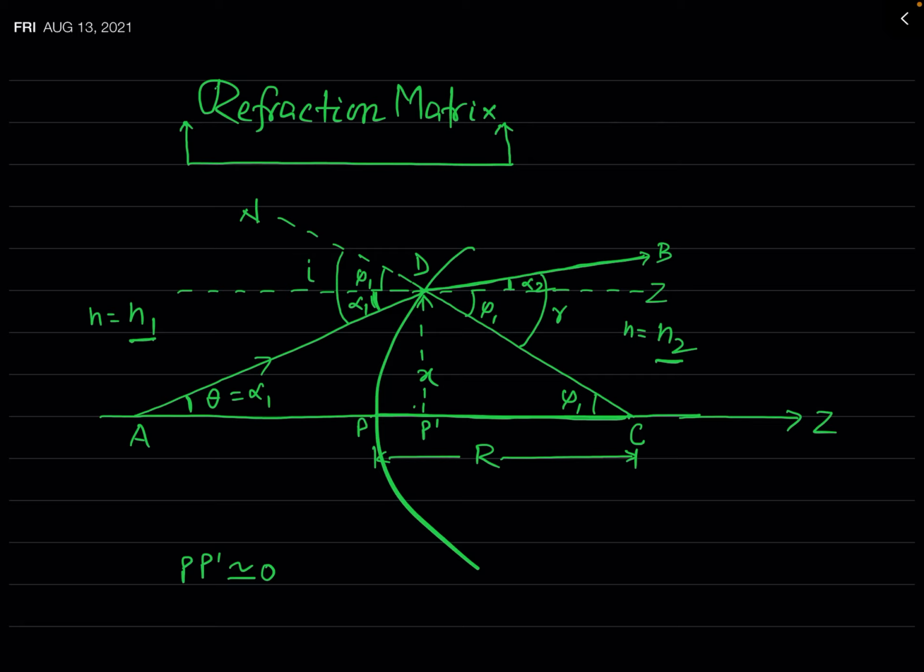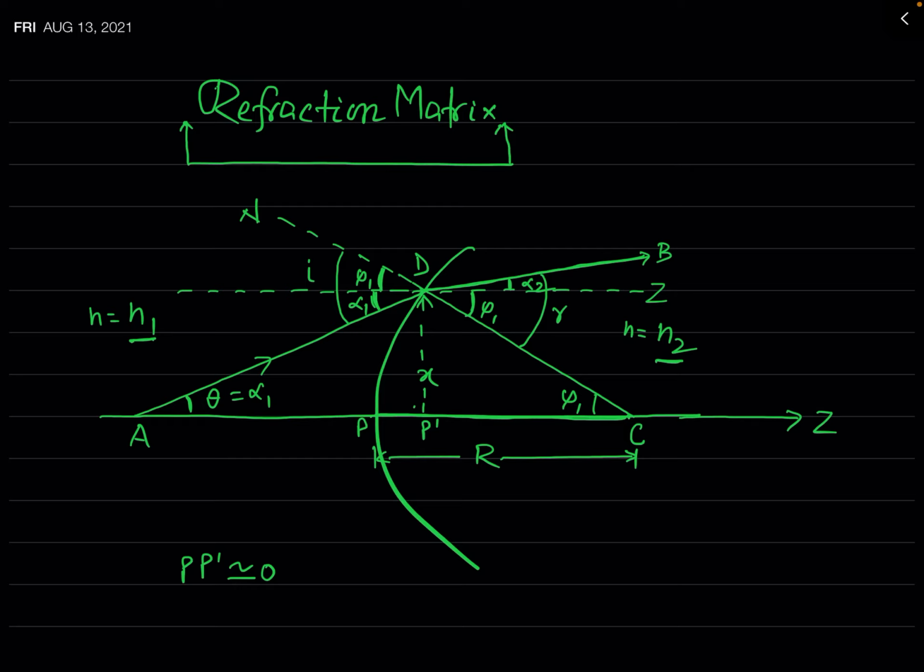The angle between the normal CDN and the z-axis is equal to phi 1, as you can see. And similarly, in the second medium, again the angle between the normal and the z-axis will be phi 1, because you know from geometry that this angle in the two media will be equal, because these are just vertically opposite angles.